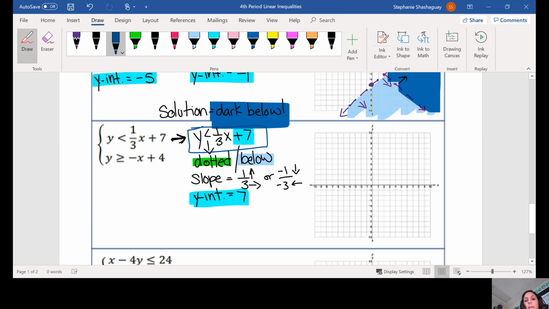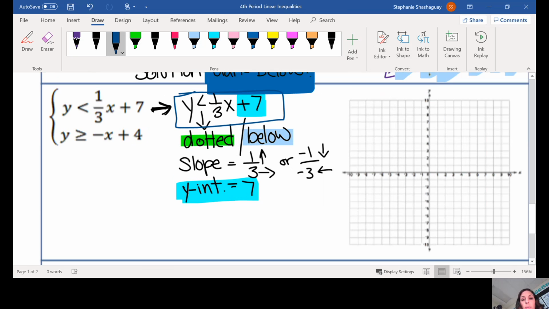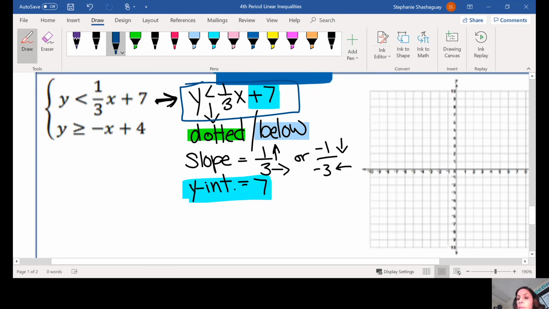Okay. So the first place I'm going to start is I'm going to go to my y-intercept, which is positive 7. So I'm going to go to 0, 7, and I will zoom in. Okay. 1, 2, 3, 4, 5, 6, 7, and there is my point. Now I need to follow my slope. So I'm going to go up 1 and to the right 3. 1, 2, 3.